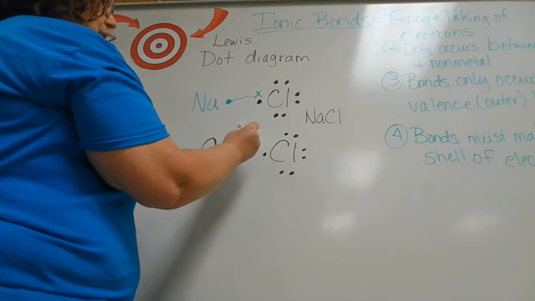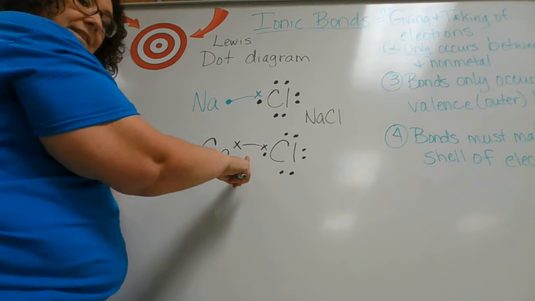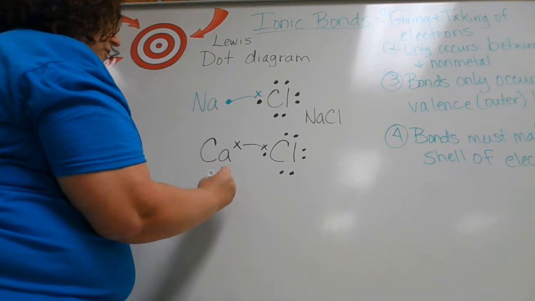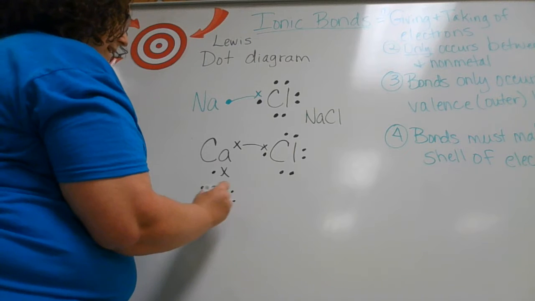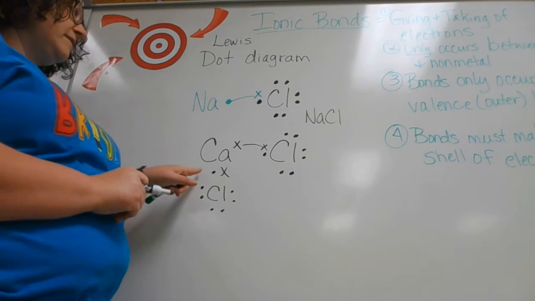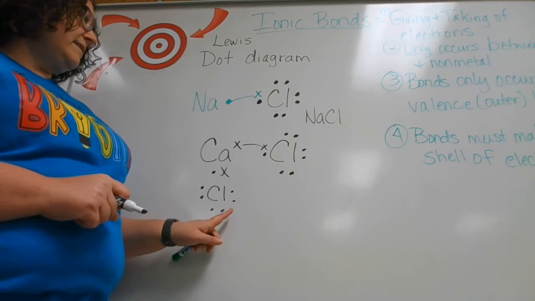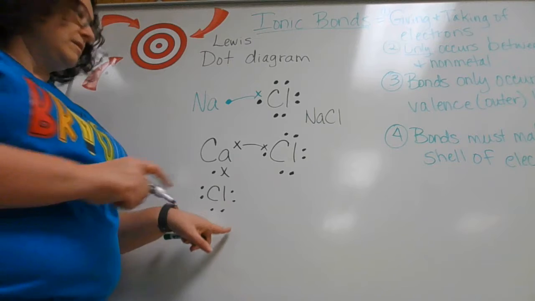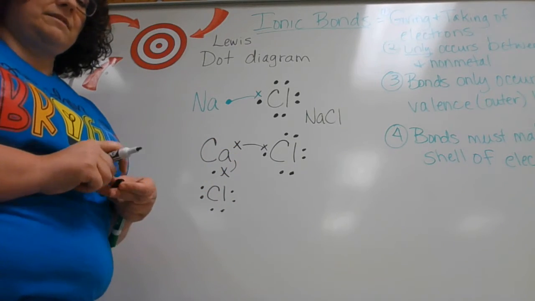So you can put 1 chlorine over here on this side, okay? And then you're going to add another chlorine to take up this other electron right here that you have to get rid of. So you're going to end up using 2 chlorines to take up both of these calcium electrons.